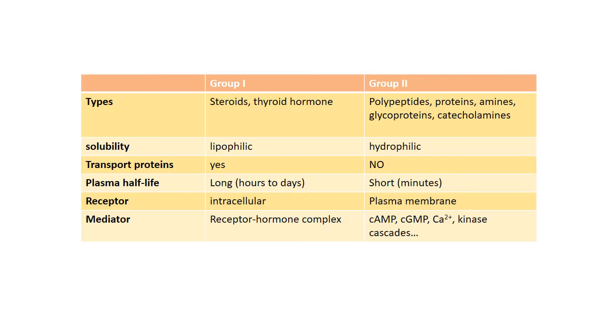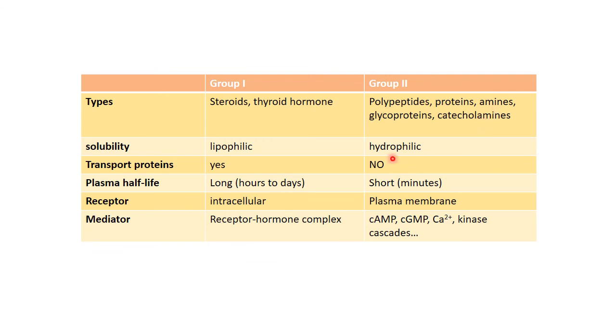Now here we have a comparison of the hormones according to their solubility. We have the lipophilic hormones like the steroids and the thyroid hormones, and we have the hydrophilic hormones like the polypeptides and the protein hormones, the amino-derived hormones or the monoamines, the glycoproteins, and the catecholamines, which are also amino-derived hormones.